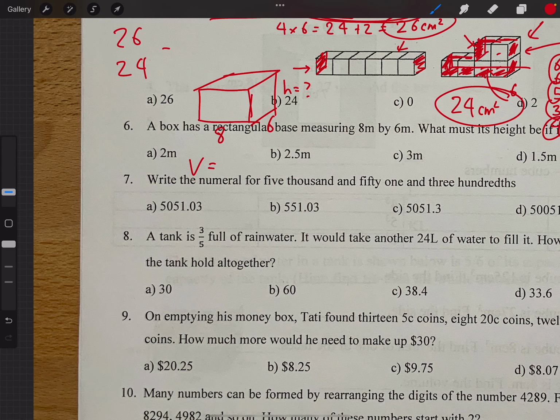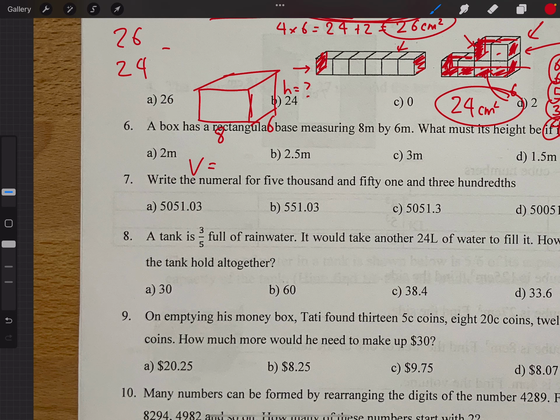This is 3/5, 3 out of 5. Now it would take another 24 liters of water to fill it up. So if I add another 24 liters, it will fill the whole tank.